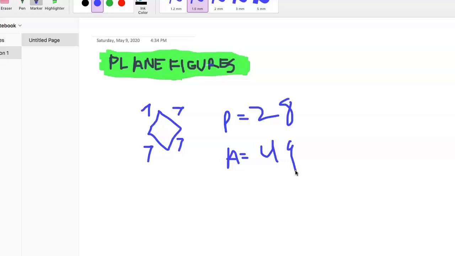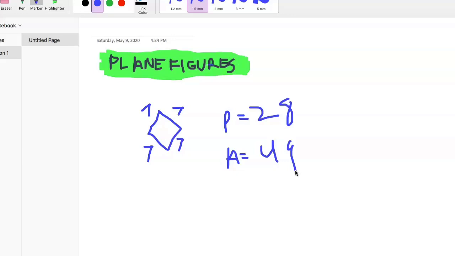So that's all the stuff you really need to know for plane figures. Reviewing real quick, if you see a figure with 4 right angles, then it's either a square or a rectangle. That will be your big key. And a square also has 4 equal sides. The rhombus, which we just looked at, looks just like a square, except it doesn't have those 4 right angles, but it does have 4 equal sides.